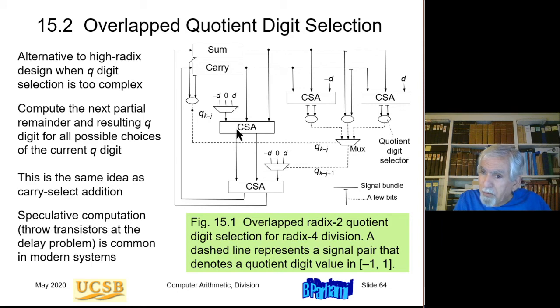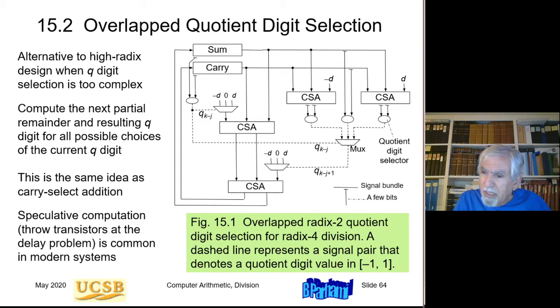If we want to do 3 digits in one cycle, this will be 3 versions here, and for each of those 3 versions, so there will be 9. So the complexity grows by a factor of 3 with each additional bit that I try to predict in the same cycle.